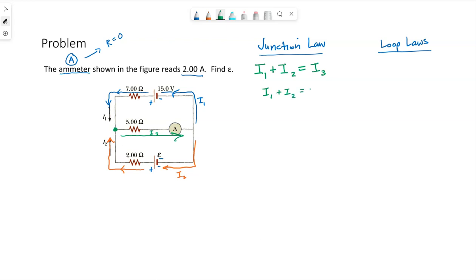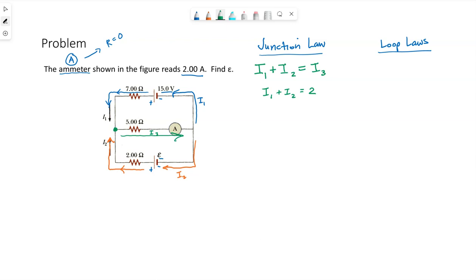I'm going to put 2 for my 2 amps so that I remember that this is a value that I have been given. Okay, so junction law is always currents into a junction have to add up to equal currents out of the junction.